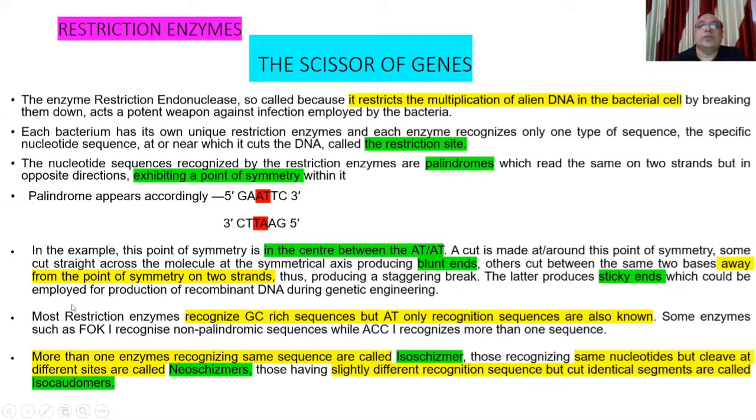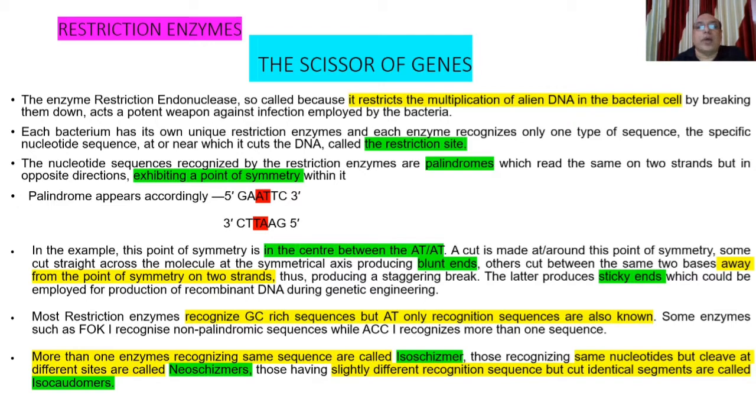Recombinant DNA technology involves bringing DNA from two different sources and combining them together. So the first task before us is to cut DNA from different sources.